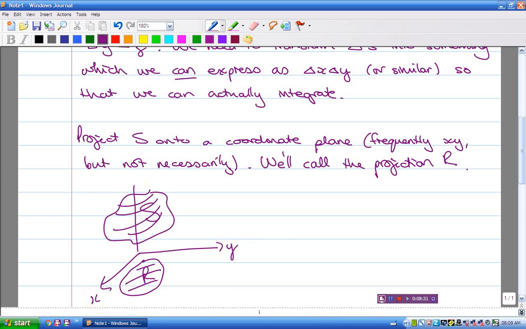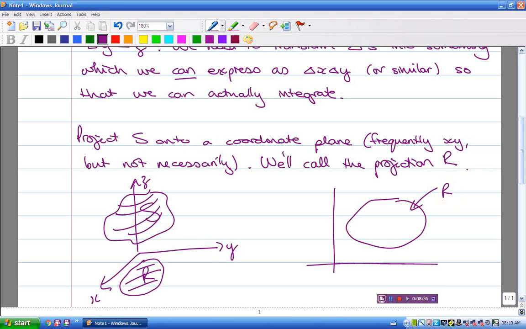It could be a different coordinate plane. I'll be talking about xy all the time, but it could be any of them. When we get to the end of this whole section, I'll show you how, if you've chosen one of the other coordinate planes, the expression that you get would look slightly different. Okay, and then if we just draw R, it'll be like this. So there's R.